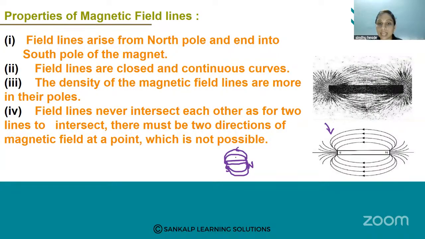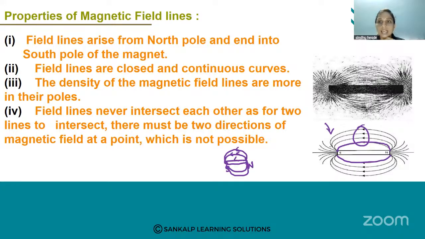Why does it show like this? Because it is from north to south. This is the first property. You should remember this: field lines always arise from the north pole to the south pole. It starts from north and ends into south.